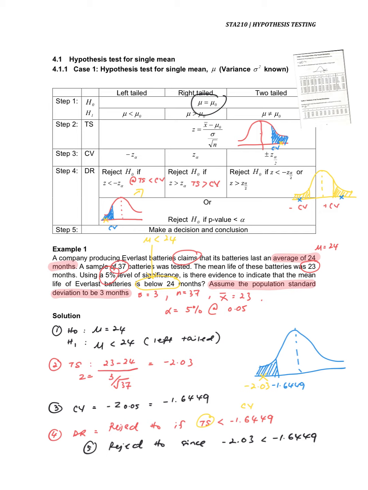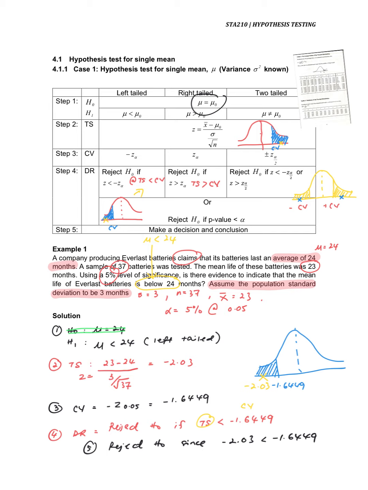Okay, maksudnya kat sini, since kita reject, okay, kita reject H0, kita tolak dia. Apa yang kita accept adalah our alternative hypothesis. So we can say that there is significant evidence to indicate that the mean life of average battery is below 24 months. Okay, maksudnya kita akan accept this statement lah.